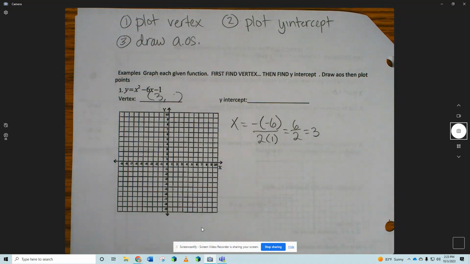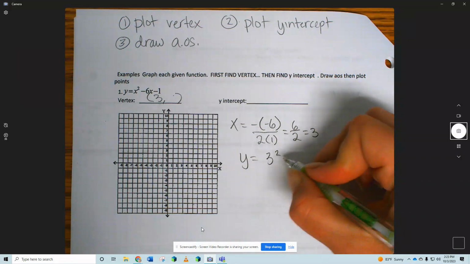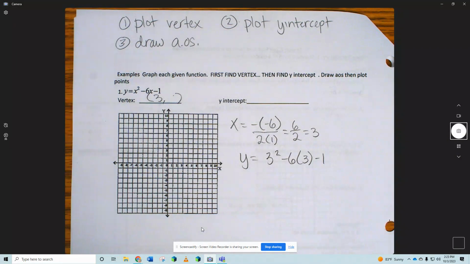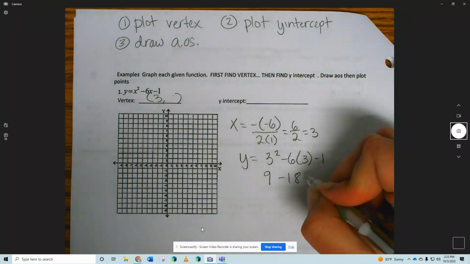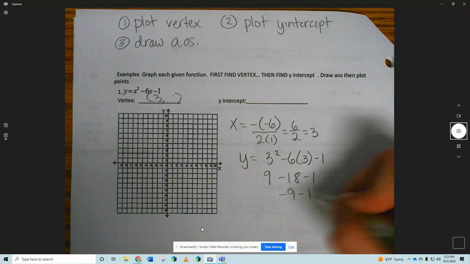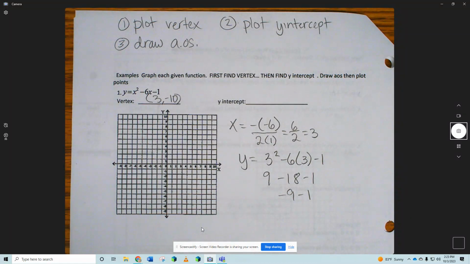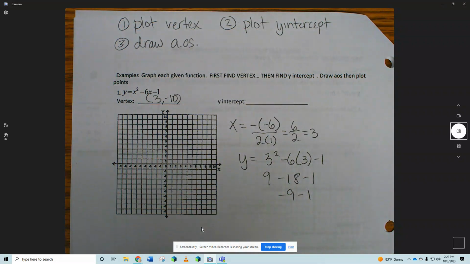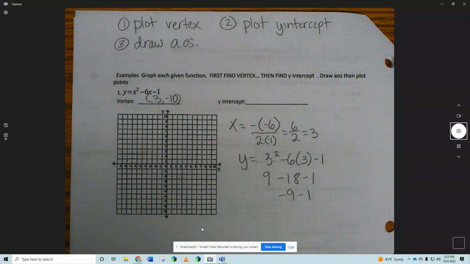Then plug it in. 3 squared minus 6 times 3 minus 1. X squared minus 6x minus 1. Nine minus 18 minus 1. Yeah? Negative 9 minus 1. Negative 10. Okay, that's my vertex.